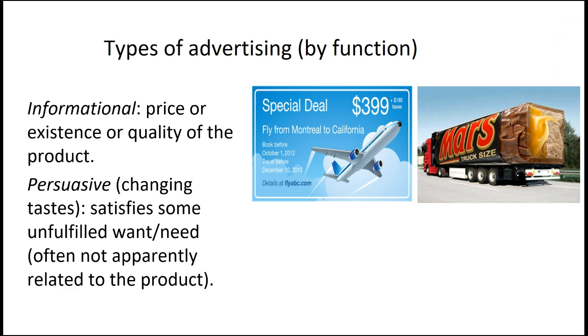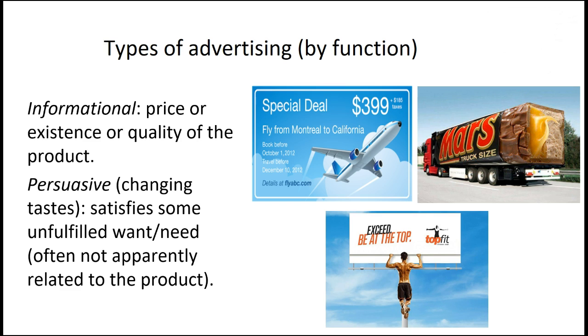So, for example, it might be convincing you that something that you might want in your life is to be happy and successful and have lots of friends. That's an inbuilt want that people have, and the advertising might be attempting to convince you that buying the product will give you those things.